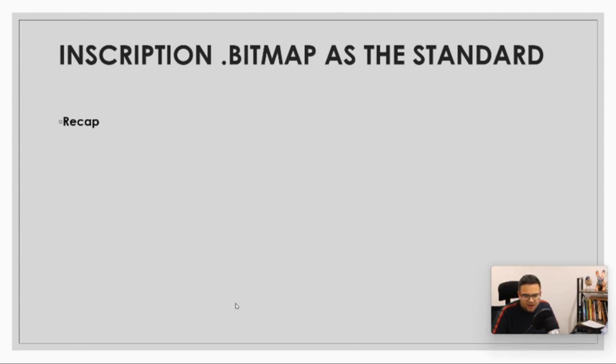So at the moment I don't see why this dot bitmap standard cannot be the potential virtual parallel, running as a parallel system, especially when we're talking about the metaverse here as well.